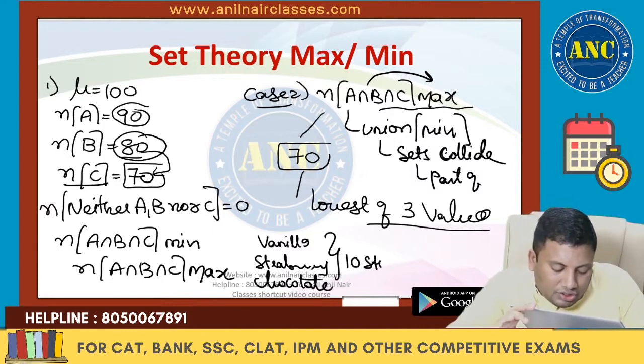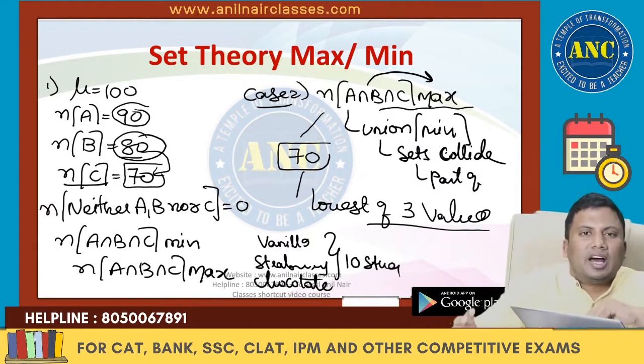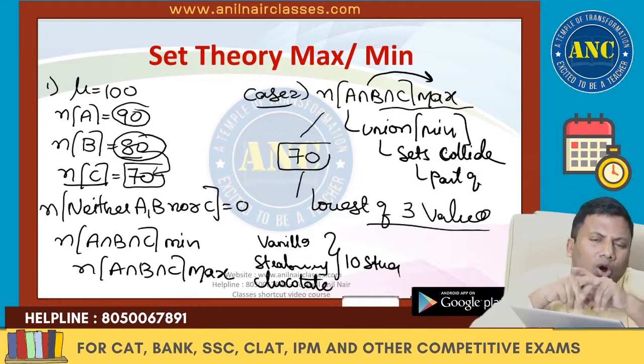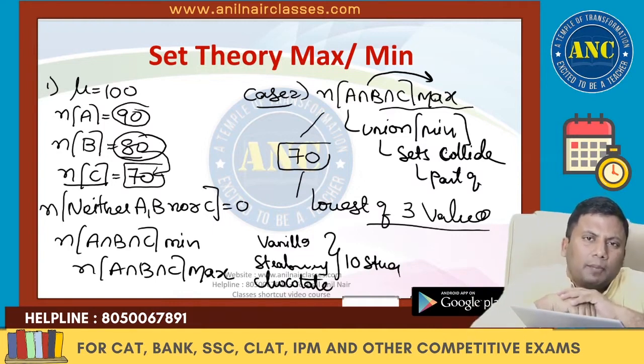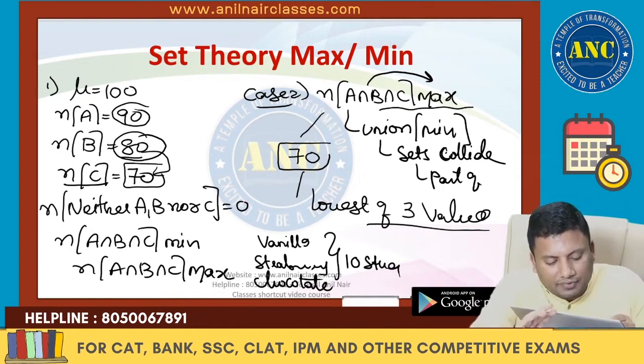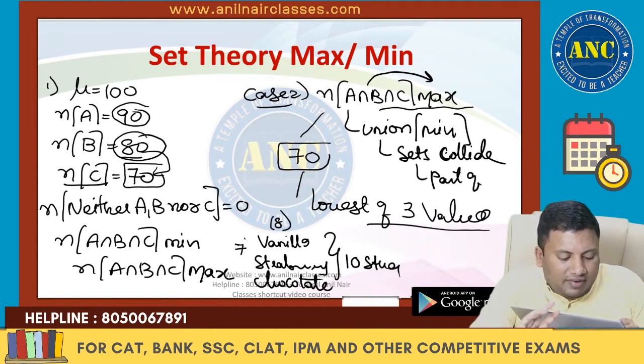There are 10 students in the class. How many students can get all three at maximum? There are 8 vanilla, 7 strawberry, and 5 chocolate ice creams. 8, 7, 5, and there are 10 students.